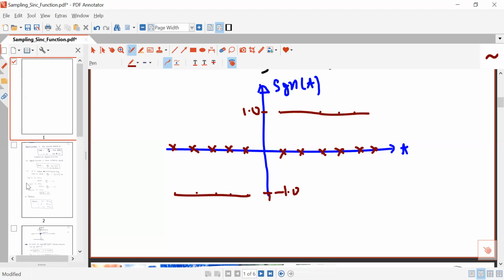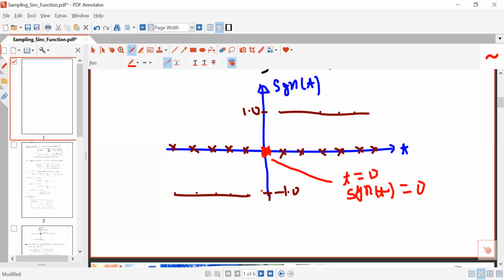And what will be the value of signum t when t is equal to 0? This is very important. When t equal to 0, the signum t will be equal to 0. At t equal to 0, the magnitude of signum t will be equal to 0. This is the point.